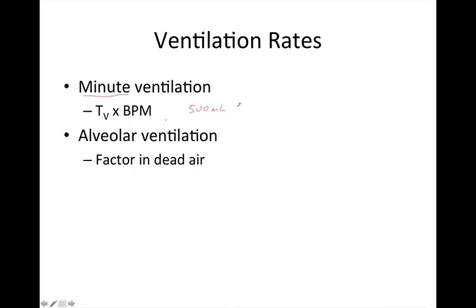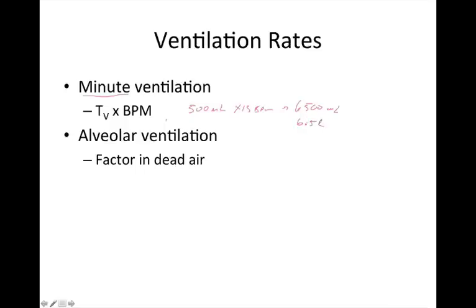Let's say this person breathes 13 times, 13 breaths per minute. All you would do is take 500, multiply it by 13, and you would get 6,500 milliliters, or in 1 minute that person breathed in 6.5 liters.